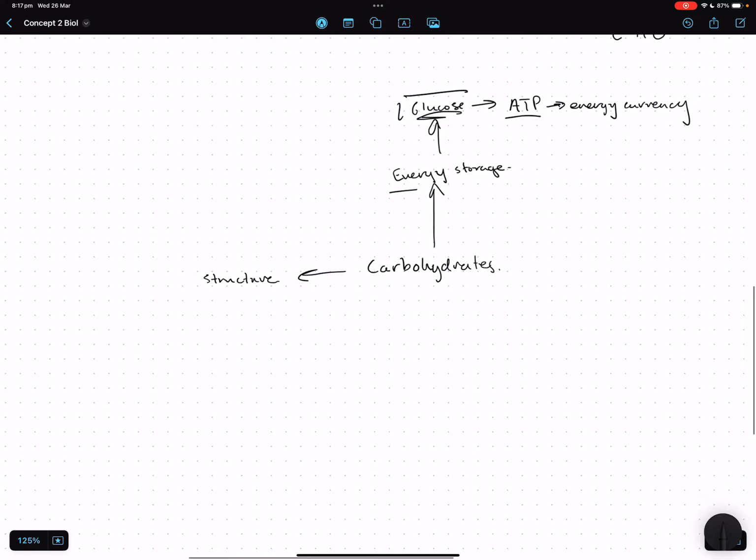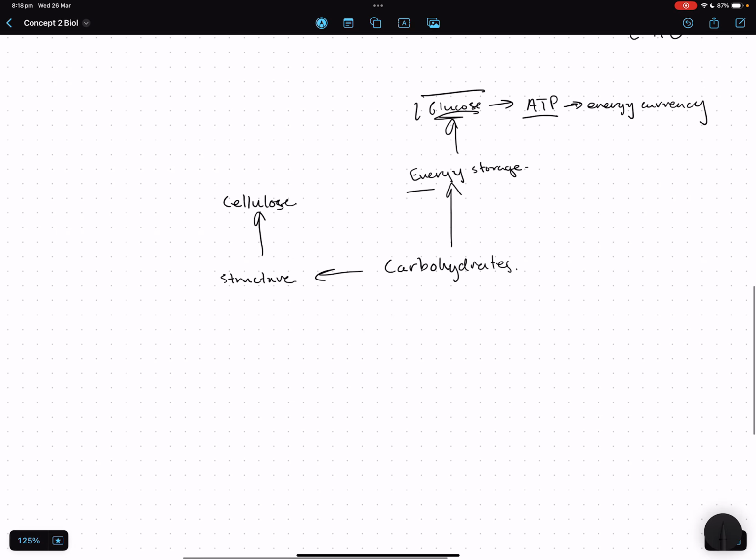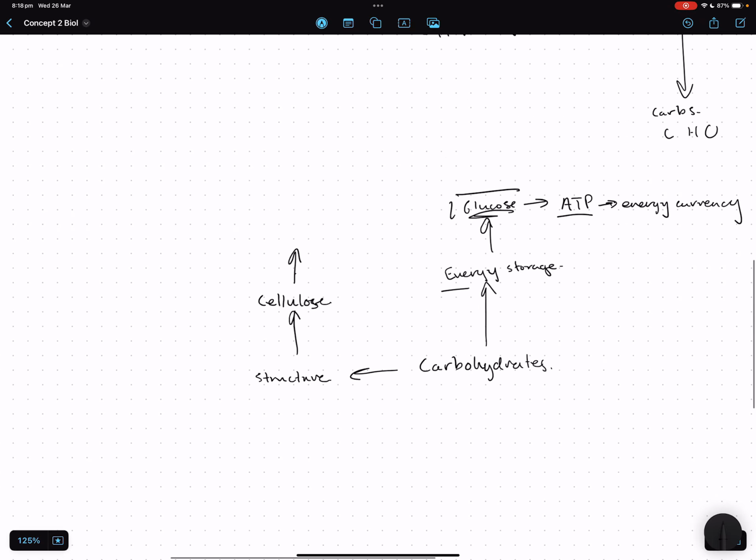So carbohydrates are for energy storage, but they're also for structure. The one that we talk about a lot is cellulose. That is a polymer, so many monomers together of beta glucose.